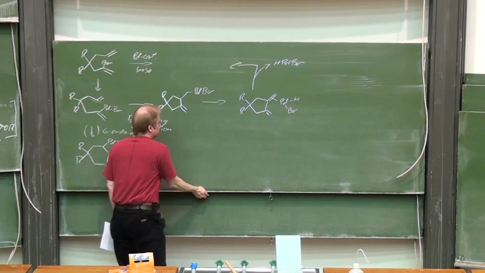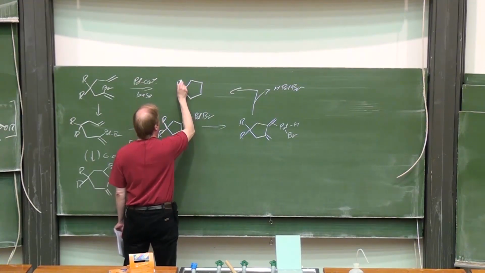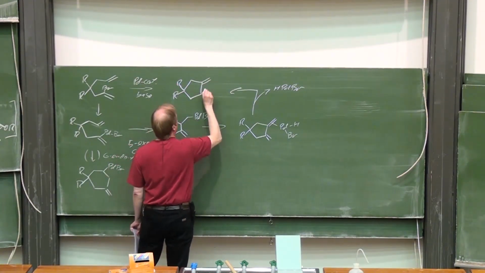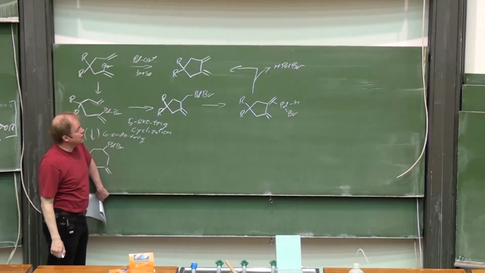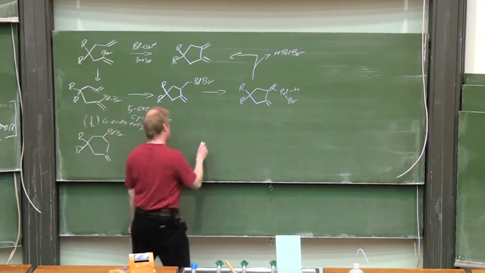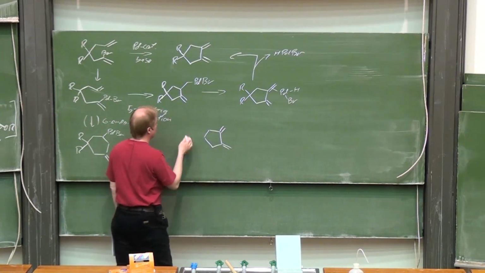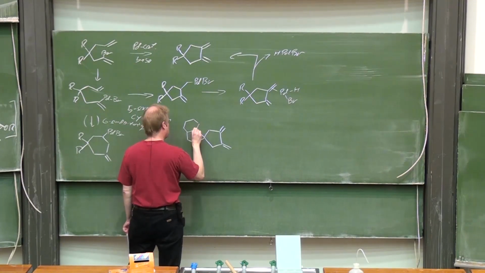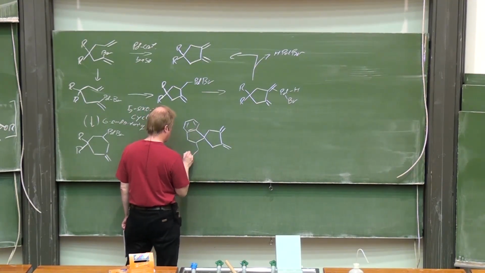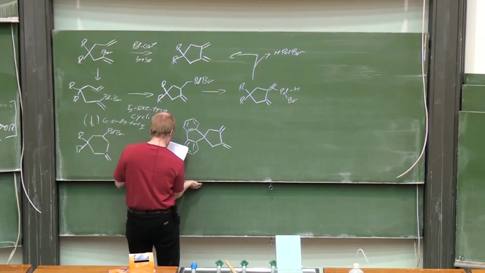If it dissociates, then you would get to this diene, and in this case, with the R groups symbolizing a fluorene ring system, it indeed nicely worked.